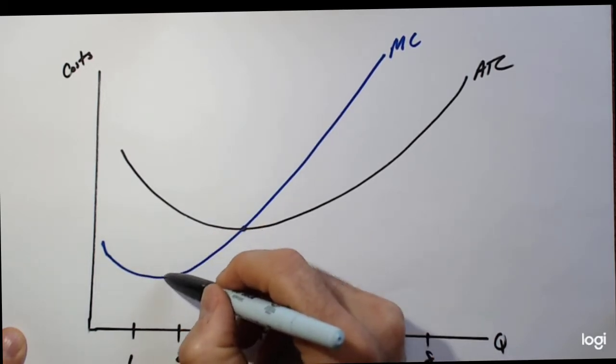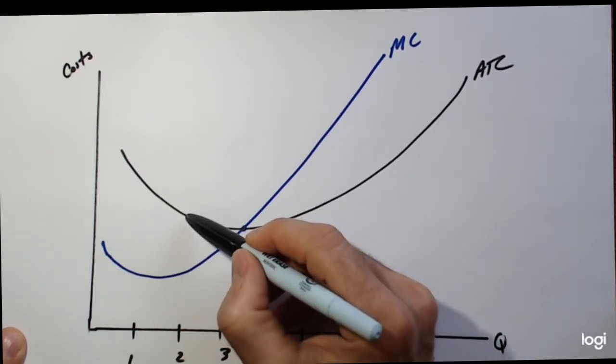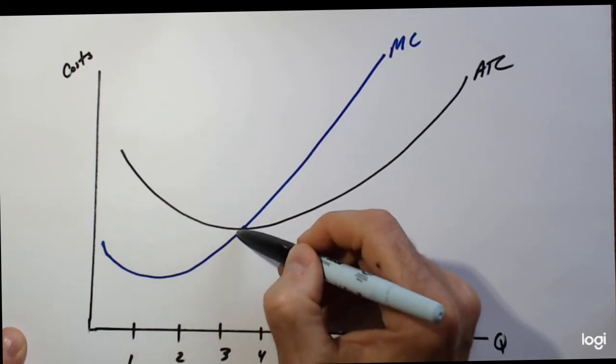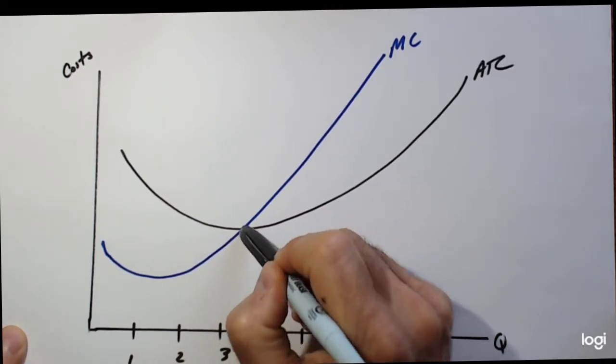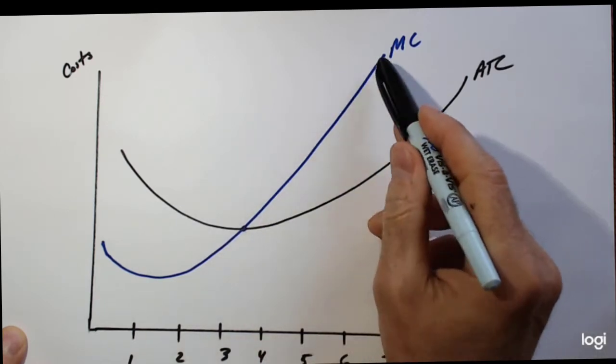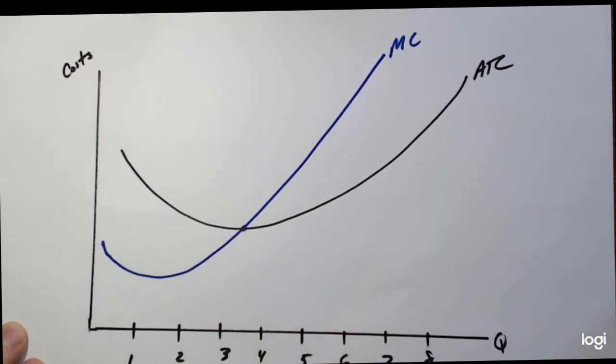And so long as the grades of your individual courses are below your GPA, it's going to pull down your GPA. There's a point where it's going to intersect. And that's when marginal costs start to ramp up above average total cost in this example, or when your grades get better than your GPA, your individual grades as you move through your schoolwork.